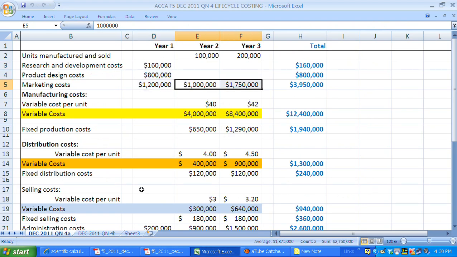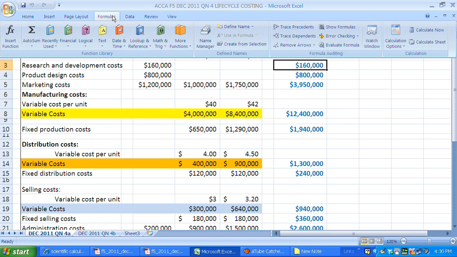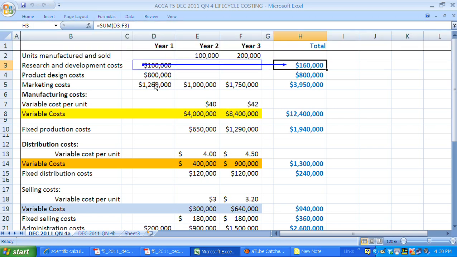So I'm really doing nothing, I'm just adding up the figures. Then on this side I'm populating the totals as I do my workings. I'm adding everything, as you can see from my relation arrows. Same thing for all these other figures.